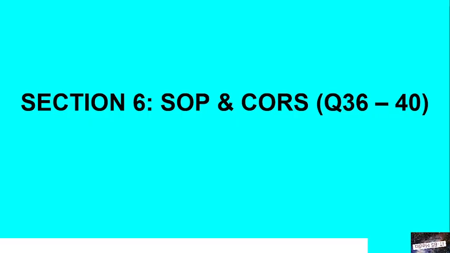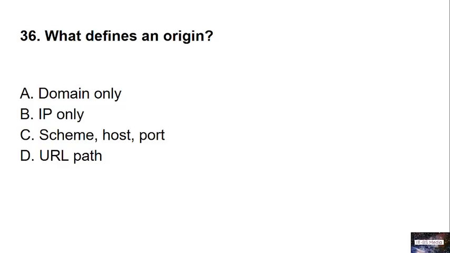Okay. Section 6, SOP and CORS. What defines an origin? Domain only, IP only, scheme, host, port, URL path. What is the answer?